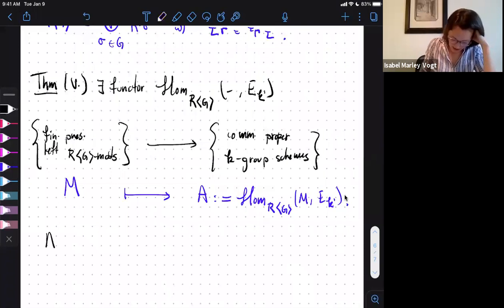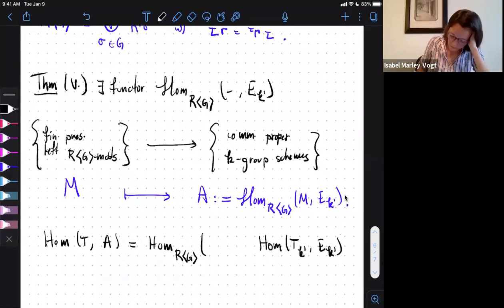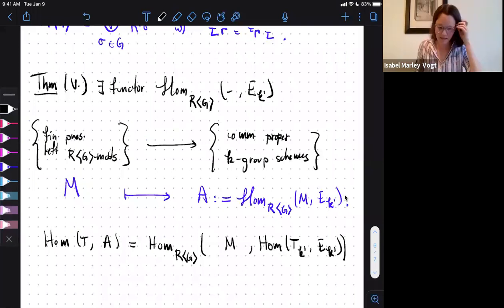So Hom of T into A is, again, Hom of R angle bracket G modules, and I can get one by taking Hom of TK prime into EK prime. So I base change to K prime. This now is an R angle bracket G module, and then I can take Hom of M into this. So this is the natural extension of what you want the functor of points to be, given what I said before.